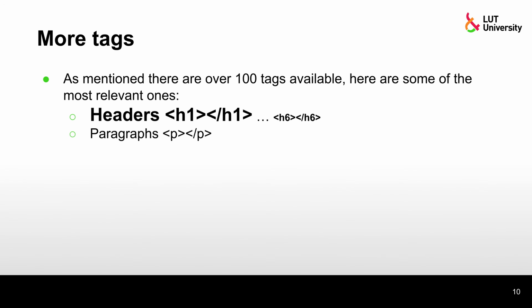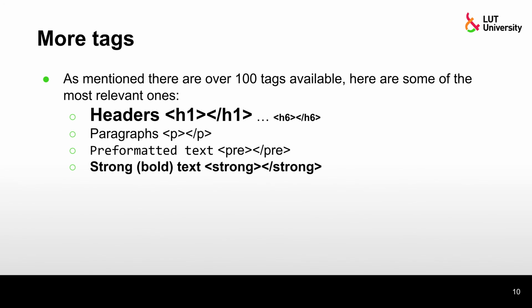So basically, if you are showing plain text in your web page, you are using the paragraph element. We have also preformatted text. If you need a simple way to show, for example, programming code, then this pre tag is a simple way to do it. There are other ways too, but that's a simple one.